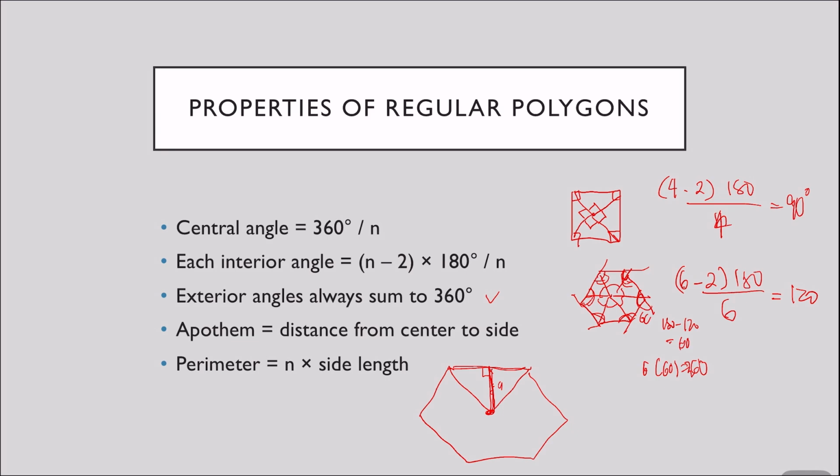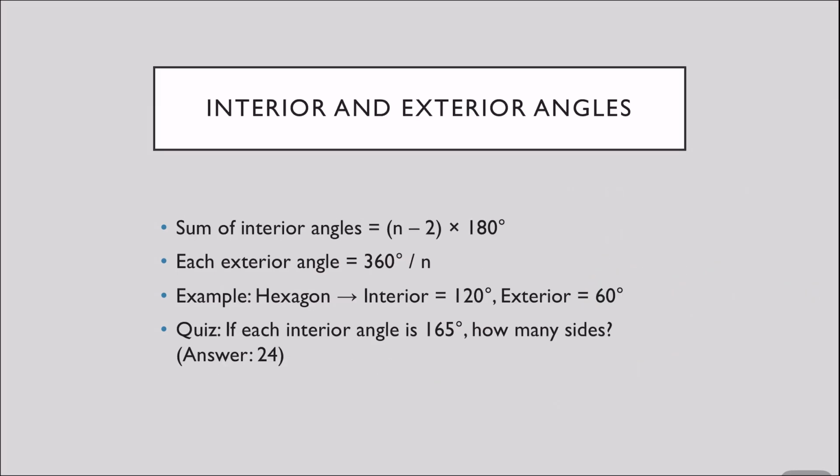Let's now take a look at your interior and exterior angles. I think I mentioned this already. That each exterior angle is 360 divided by the number of sides. Like earlier in the hexagon, right? 6, then 60 each.